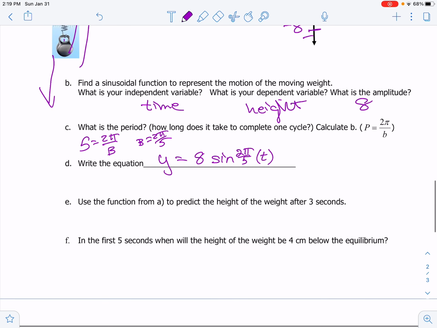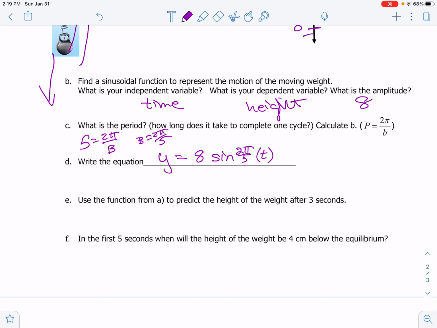Okay, use the equation to predict how high the weight is after 3 seconds. So 8 times the sine of 2 pi over 5 times 3. And you put that in your calculator. Make sure your calculator's on radians. Hang on, I'll do this right now. So that's 6 pi over 5.